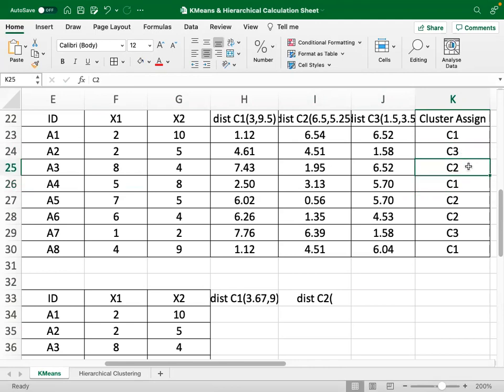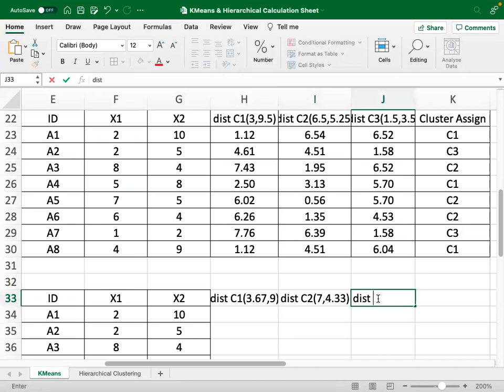C2, C2. Average is 7. Then C2, C2. Average is 4.33.